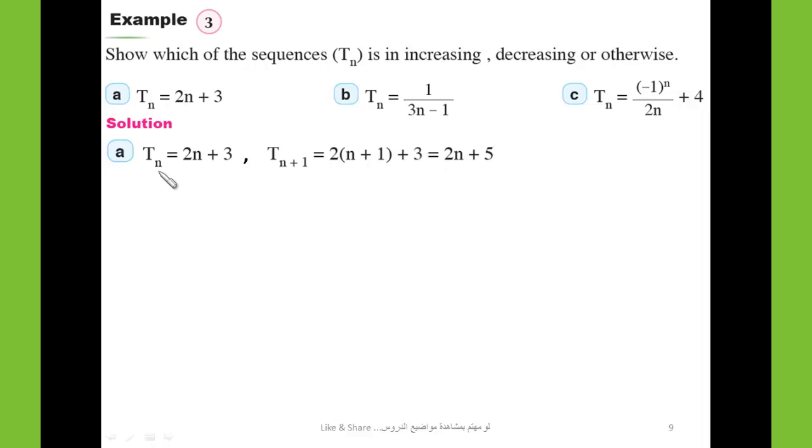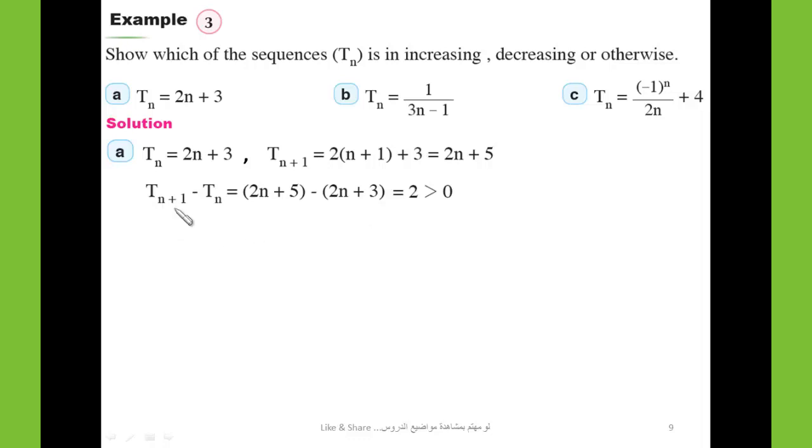So Tn equals 2n plus 3, and the next term Tn plus 1 equals 2n plus 5. Tn plus 1 minus Tn equals 2n plus 5 minus 2n plus 3 equals 2. 2n minus 2n equals 0, and 5 minus 3 equals 2. It is greater than 0, a positive number. So the difference between Tn plus 1 and Tn is 2, a positive number.